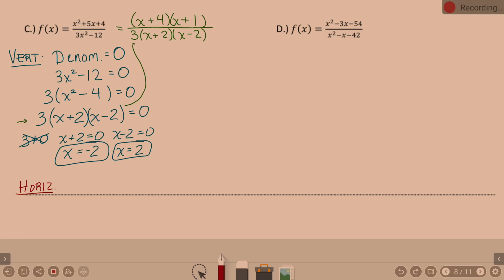Okay. What do you see? What's the biggest power on top? X squared on top. What's the biggest power on bottom? 3x squared. What's the rule?